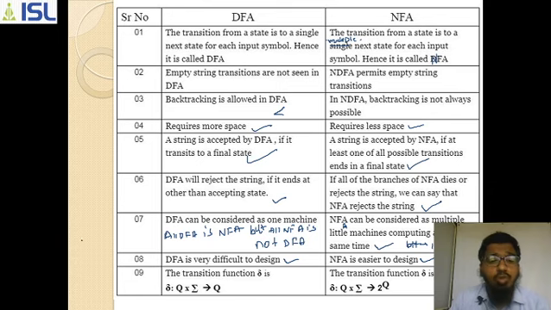Okay, this is also a point. The transition function delta for a DFA is Q cross sigma to Q, and for an NFA it is Q cross sigma to 2 to the power of Q.